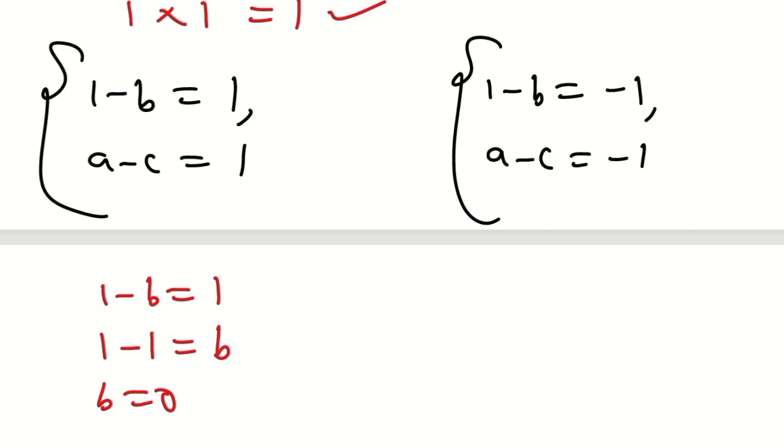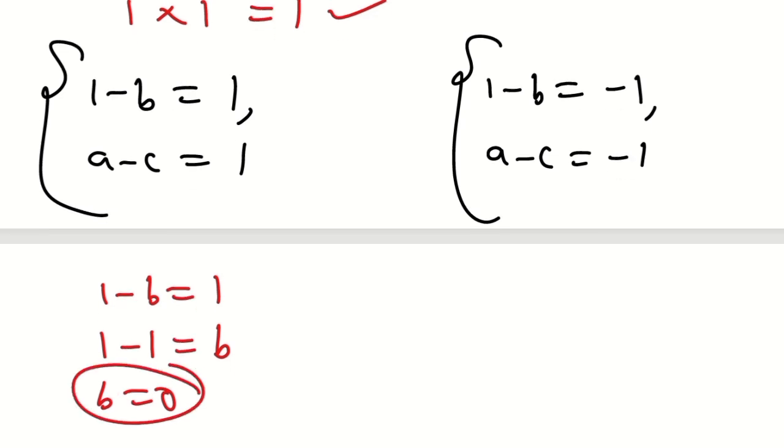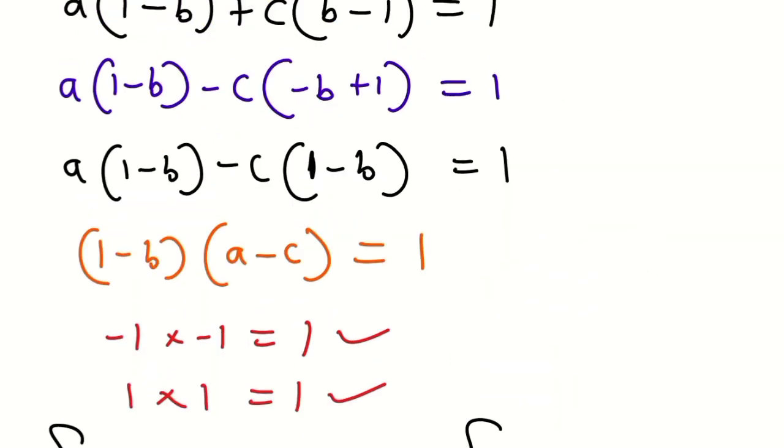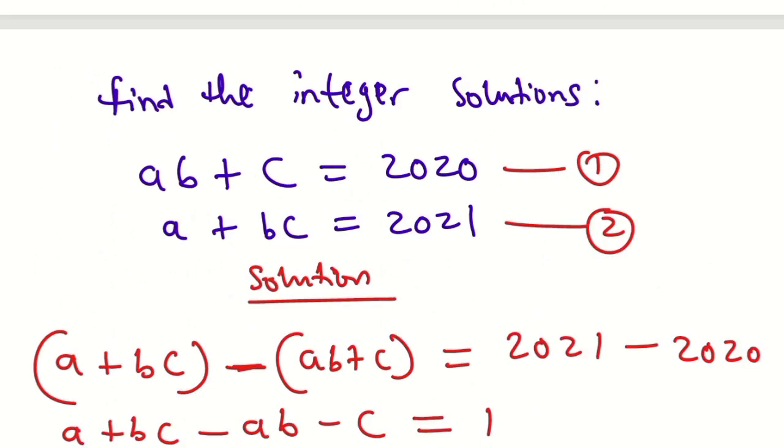0. So we are now going to plug b is equal to 0 into any of the equations we have before. So we can use equation 1 or equation 2, but let's use equation 1 so that it will be easy for us to just get the value of c. Because if b is 0, it means that c will be equal to what? 2020.